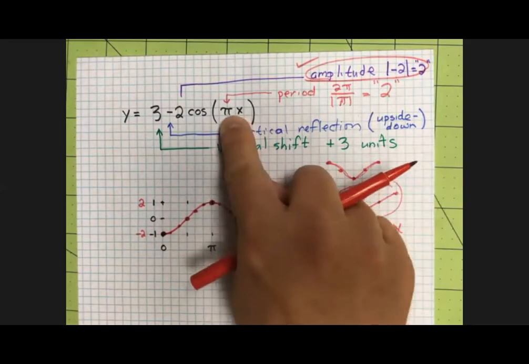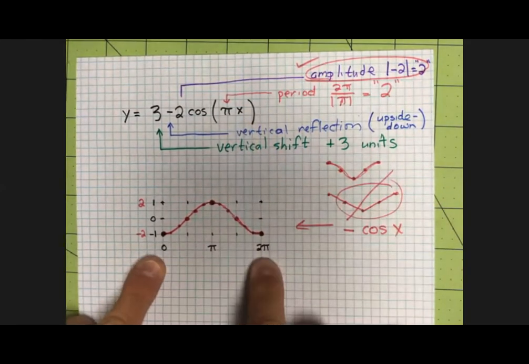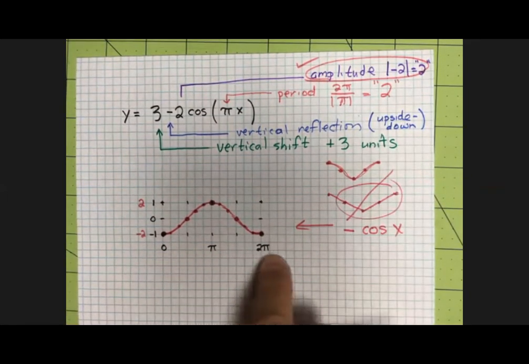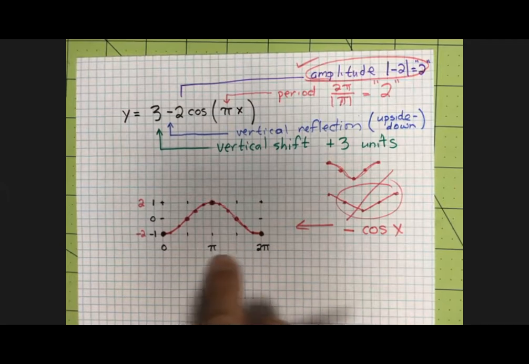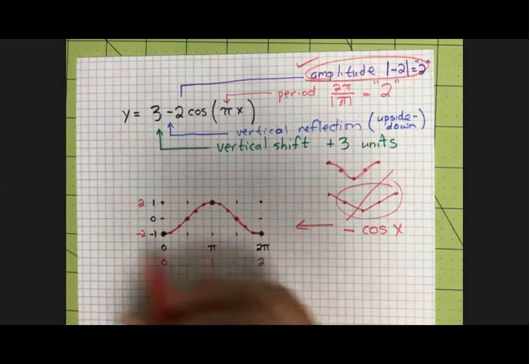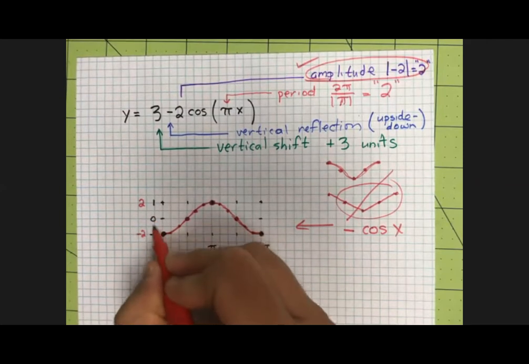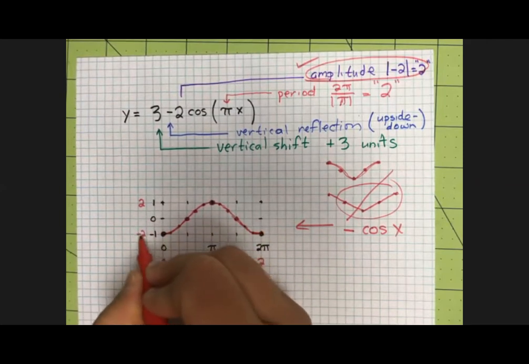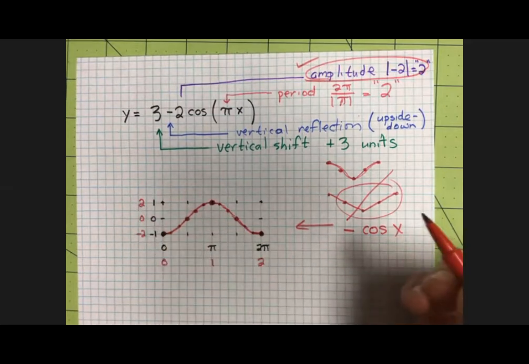I've got to divide each of these numbers by pi because this period is going to be 2 units, not 2 pi units. Divide each of these numbers by pi. I get 0, 1, and 2. Here, when I multiplied each number by 2, I got -2, 0, and 2.